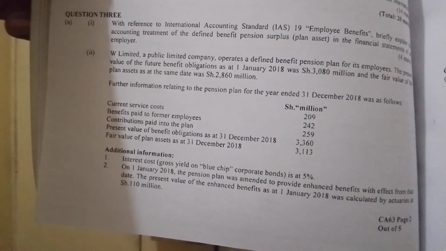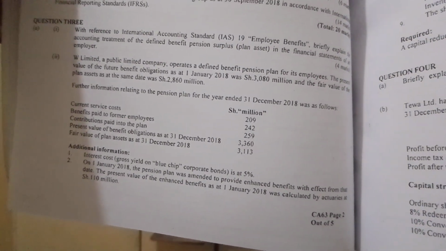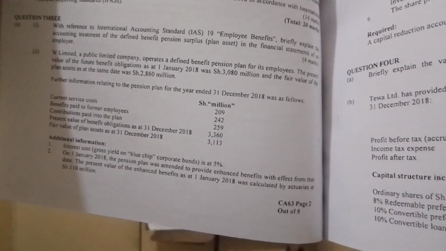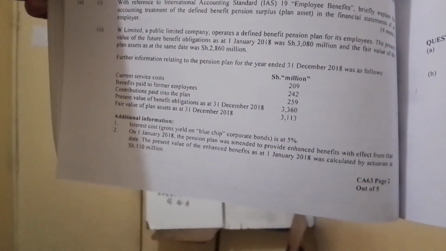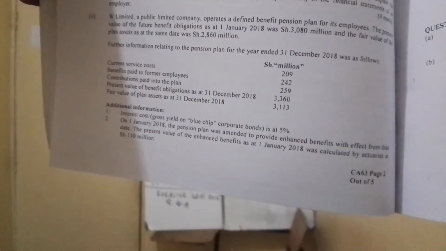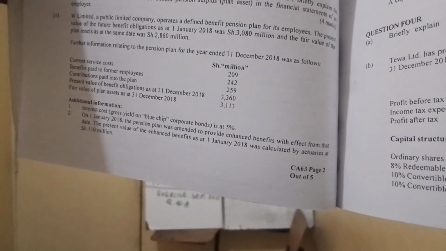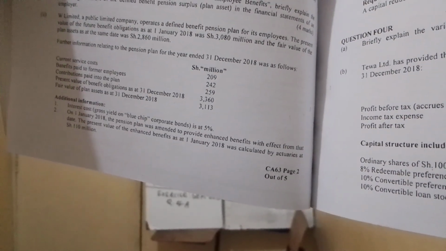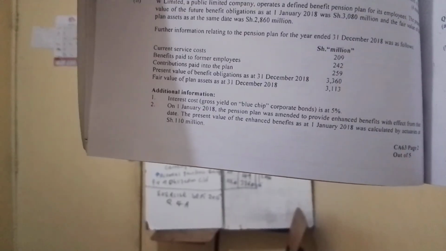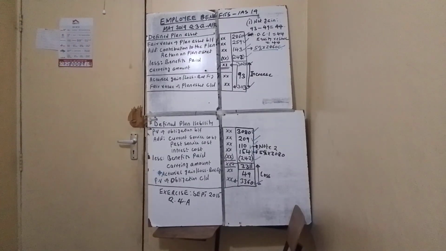On 1st January 2018, the pension plan was amended to provide enhanced benefits with effect from that date. The present value of the enhanced benefits as at 1st January 2018 was calculated by actuaries at shillings what? 110 million.